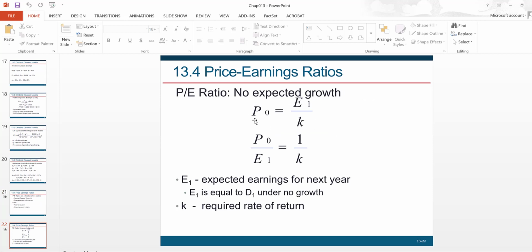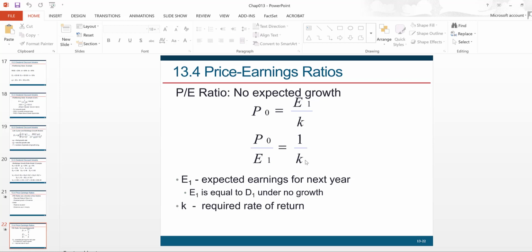So I can write the stock price as E1 over K in this no growth case, and therefore I can just divide both sides by E1, so that on the left hand side I have my PE ratio, and on the right hand side I have 1 over K. So anytime in our discussion when we talk about PE ratio, we are basically looking at this ratio here, P0 over E1, current price over next year's earnings. All right. So in this no growth case, the PE ratio is simply 1 over K.